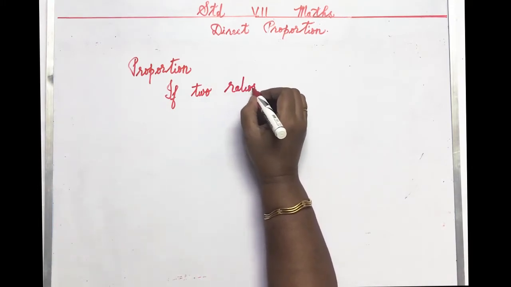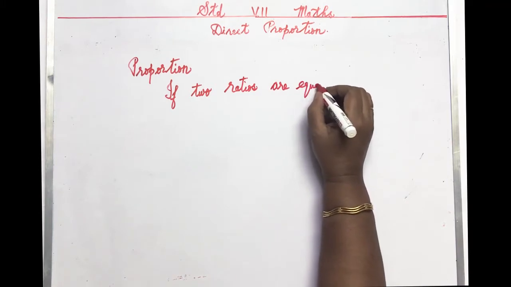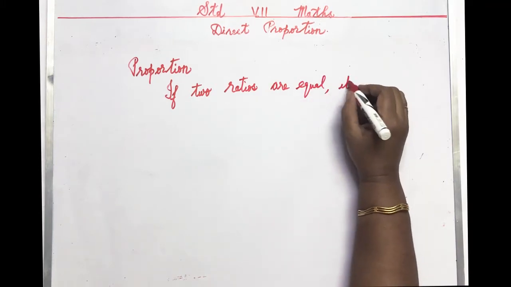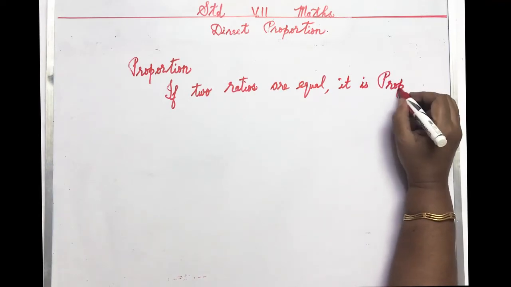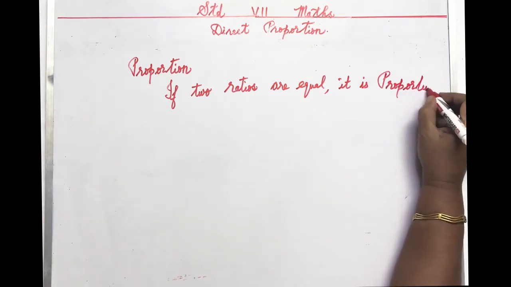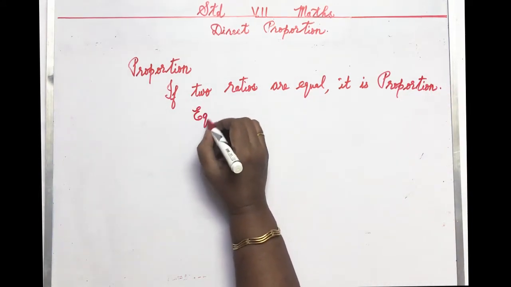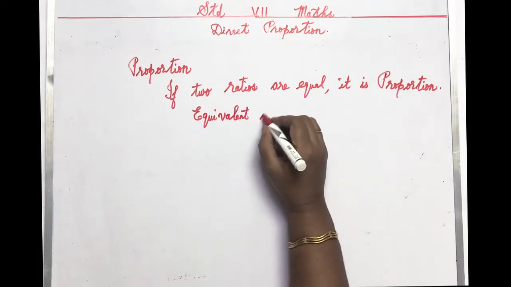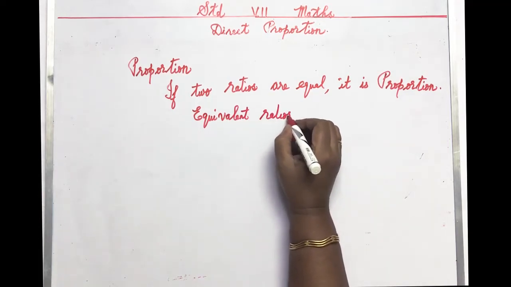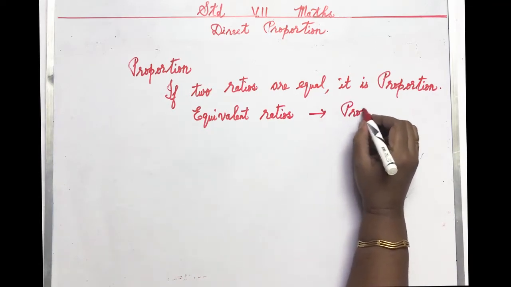If two ratios are equal, it's called proportion. We can also say equivalent ratios. Equivalent ratios or proportion.